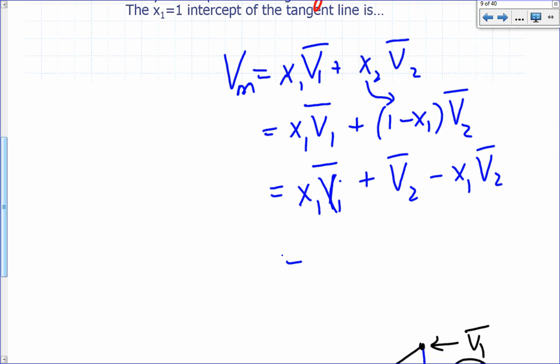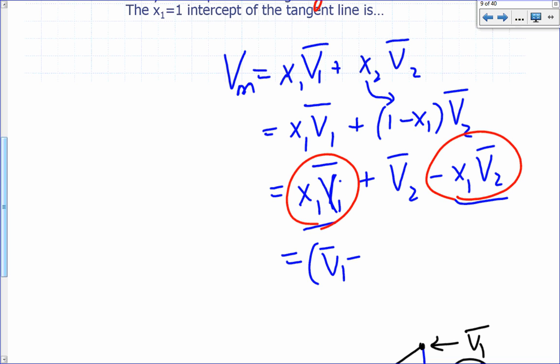So I can combine these two: V1 bar minus V2 bar, times x1, plus V2 bar. So that's your molar volume right there.